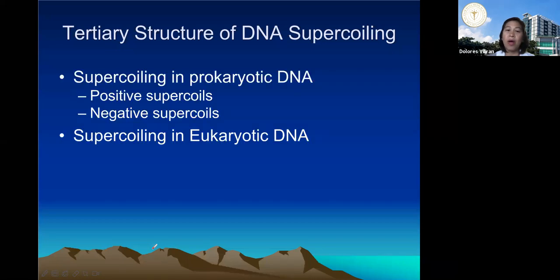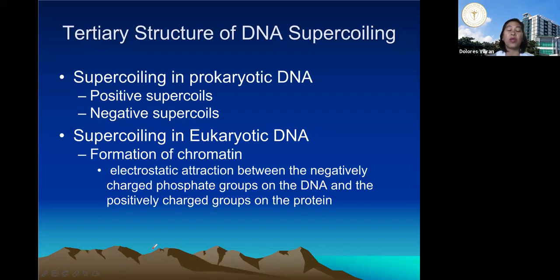In prokaryotic DNA, you can have positive and negative supercoils. Supercoiling in eukaryotic DNA is very important to form chromatin, okay? Basically, this is for packaging of DNA inside a nucleus.